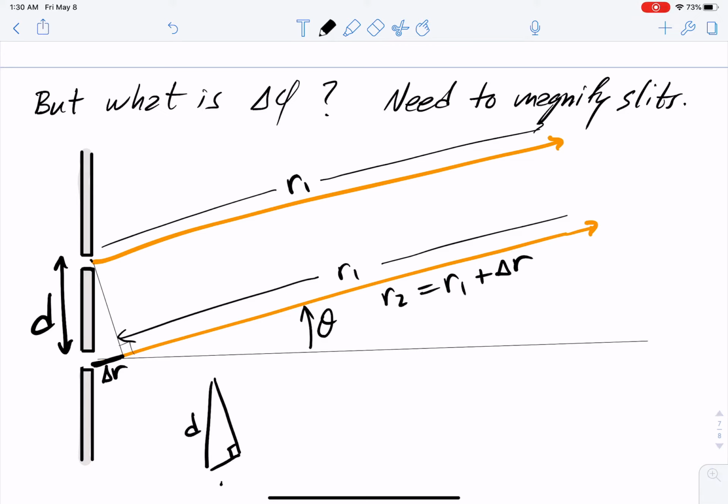That side is d. This is delta R. That's the angle theta. So that tells us that delta R is d sine theta. So the difference in the two R's is d sine theta.